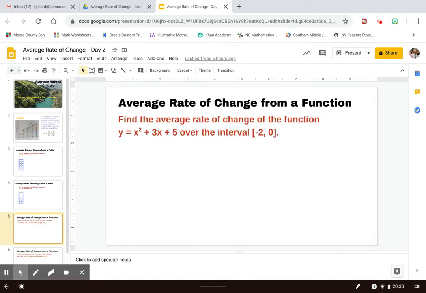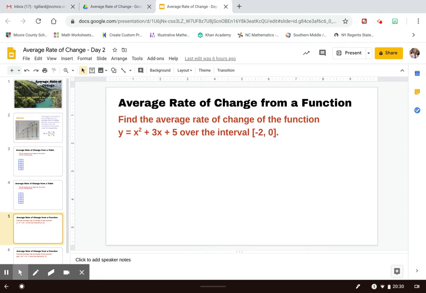Now let's look at the average rate of change from a function. The instructions say to find the average rate of change of the function y equals x squared plus 3x plus 5 over the interval -2, 0.